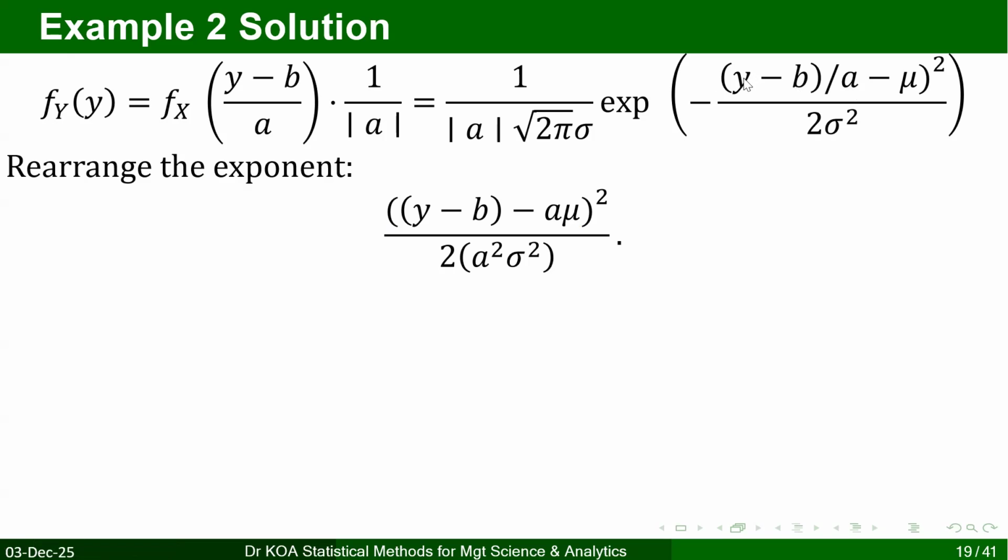And so you're going to get all of them squared. The minus has to be applied to this. So you square them and you're going to get 1 minus, B minus A mu, all squared.